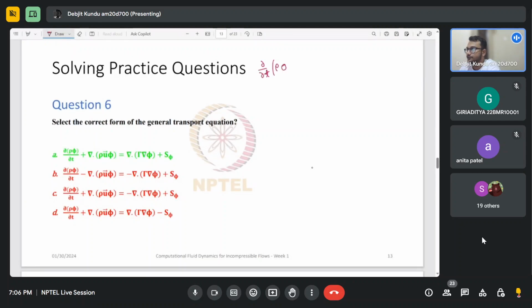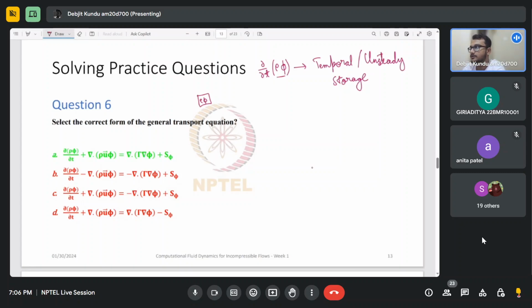So dou dou t of rho phi, this has multiple names. It can be called the temporal term or the unsteady term, and another name of it is the storage term. So basically what it's telling is in our control volume, there is rho phi amount of the quantity in it.